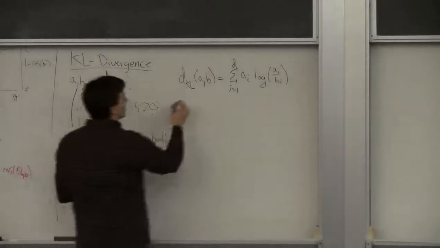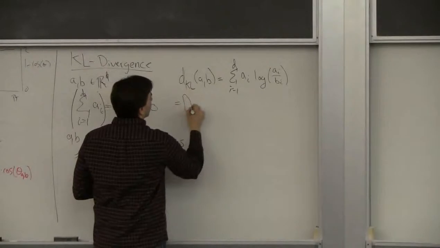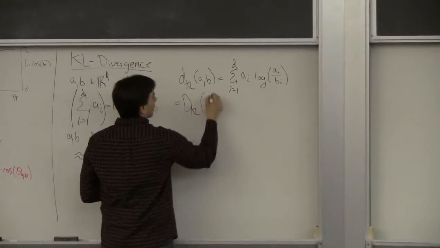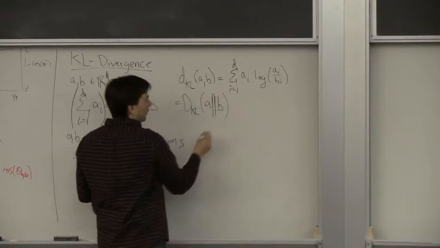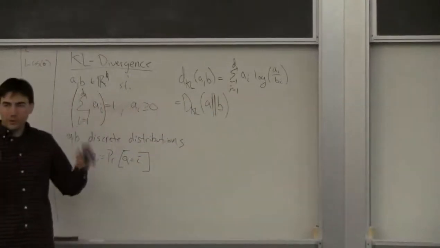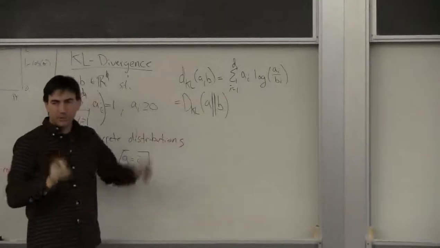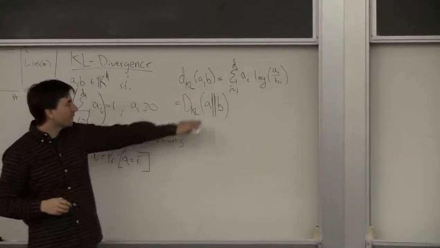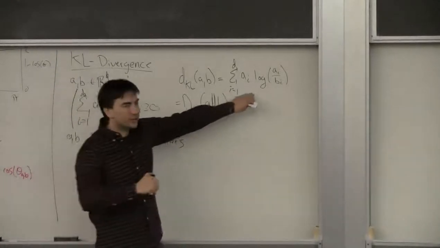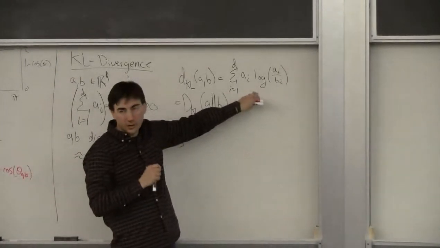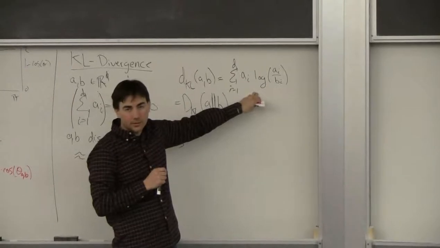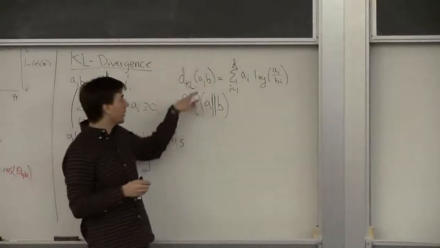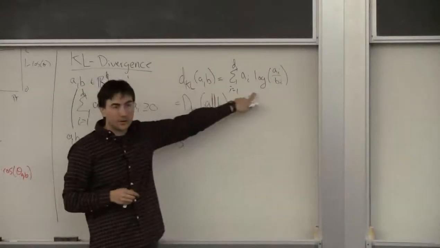And so actually this is often written as, so this is a double vertical bar. If you're using a divergence, you usually write it like this. Okay. So this is to represent that one thing you should notice is this is not symmetric between A and B. Okay? If you did the KL divergence from B to A, this is not going to be equivalent.